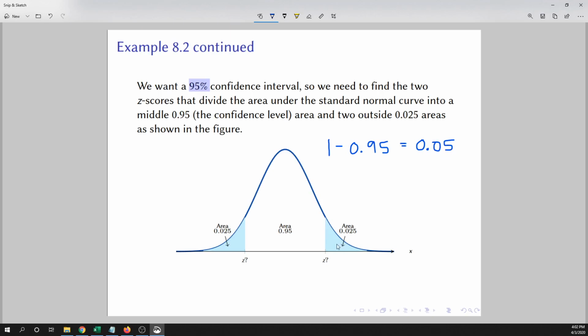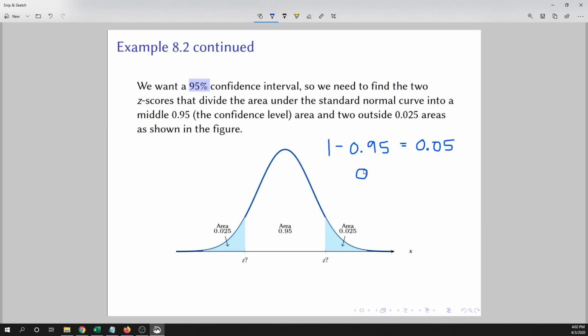So the shaded area here and here. We know from the symmetry of the normal curve that this area and this area are 0.05 together.